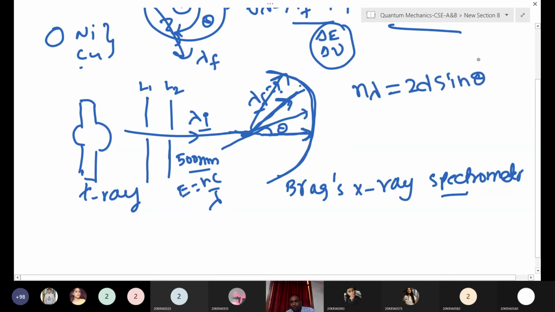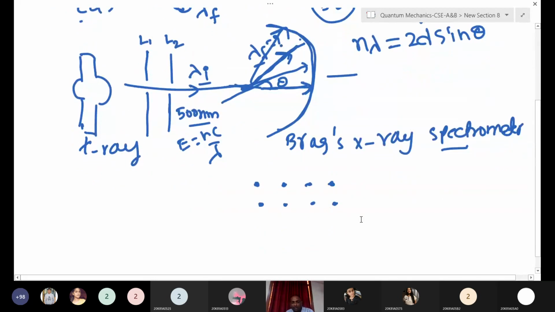Here we know theta, and here is the d-spacing. Crystal means atoms are arranged in a systematic and periodic manner.